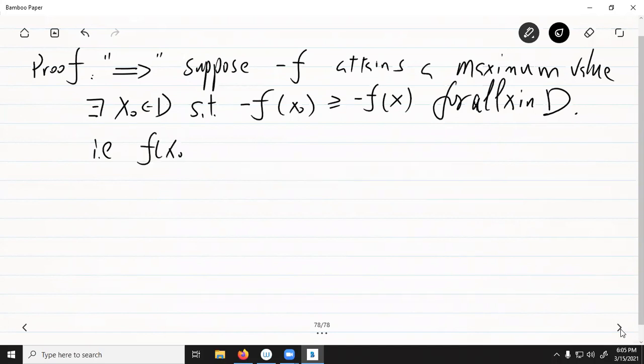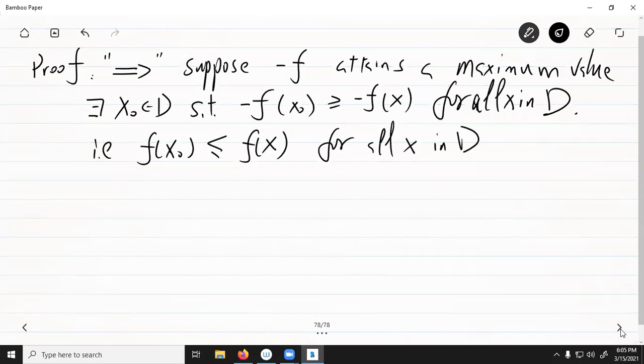So f of x0 is less than or equal to f of x for all x in D. Okay, what does this mean? f of x0 is less than or equal to f of x for all x in D. So f of x0 is the minimal in D.